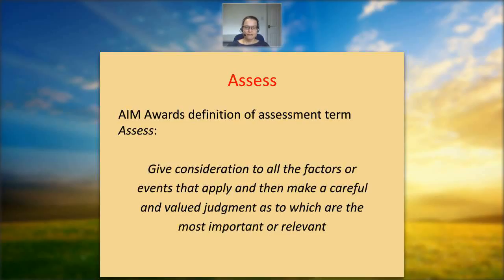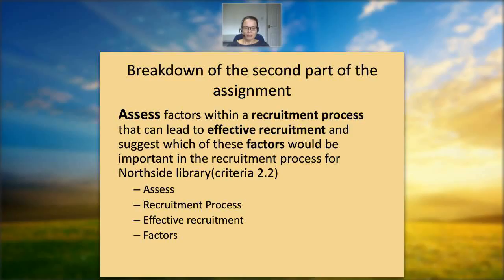I've given you here the definition that AIM Awards gives for assess, which is give consideration to all the factors, the events that apply, and then make a careful and valued judgment as to which are the most important or relevant. So if we go back there, it's asking you to assess factors within a recruitment process that can lead to effective recruitment, and then suggest which of these factors would be important in the recruitment process for Northside.